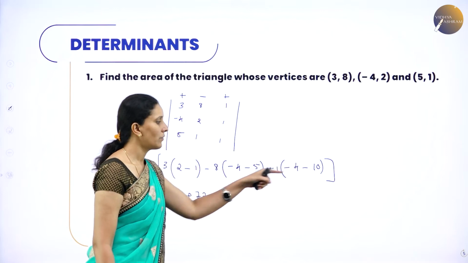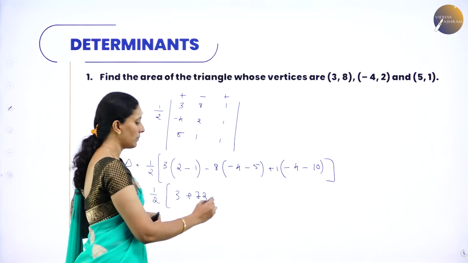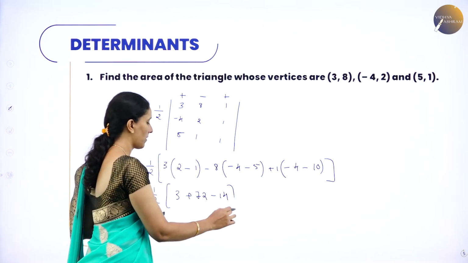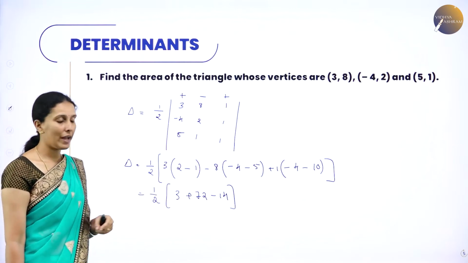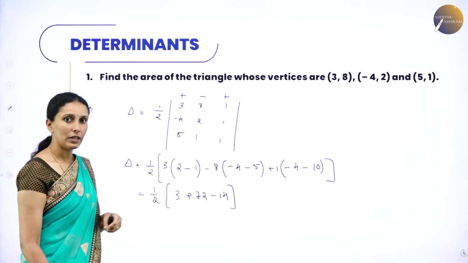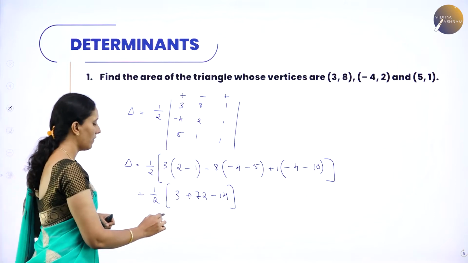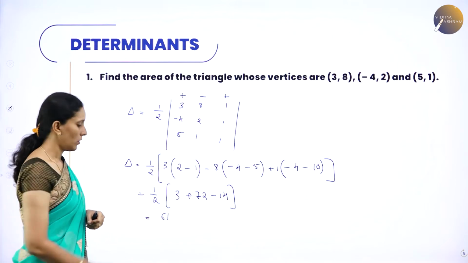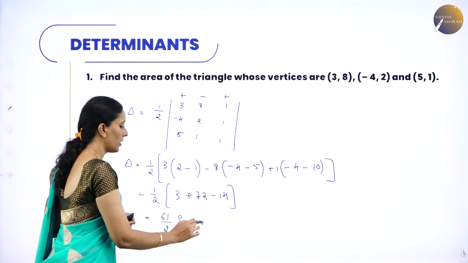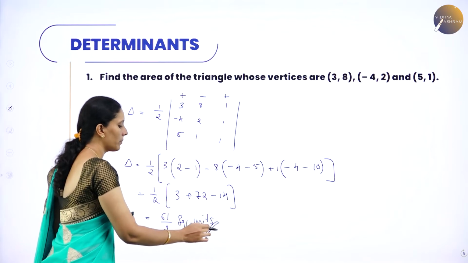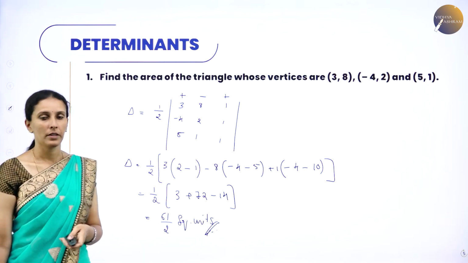Next is minus 4 minus 10, which becomes minus 14. So now we have 72 plus 3, which is 75. 75 minus 14 becomes 61. Therefore the area is 61 by 2 square units, because this is area, so the unit must be in square units.